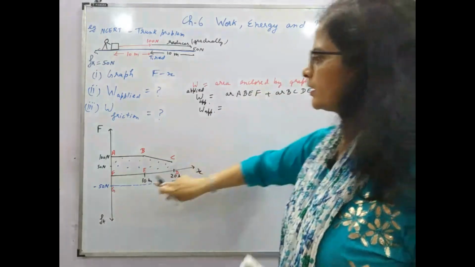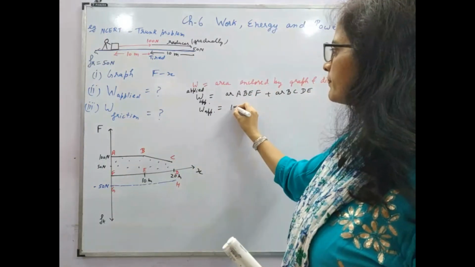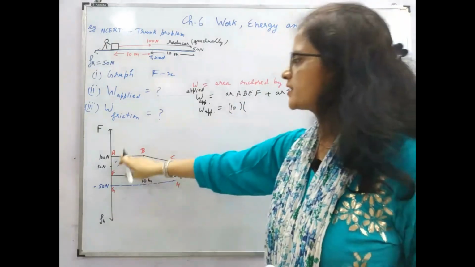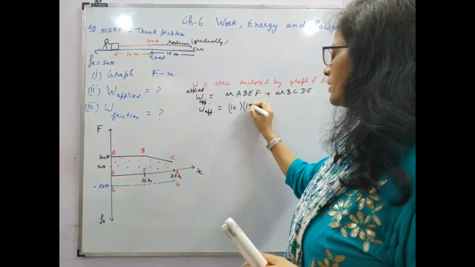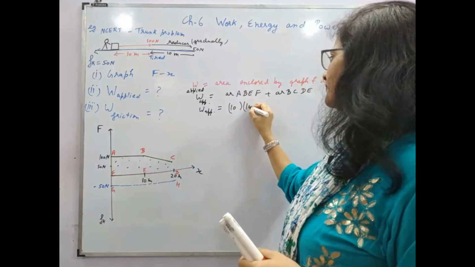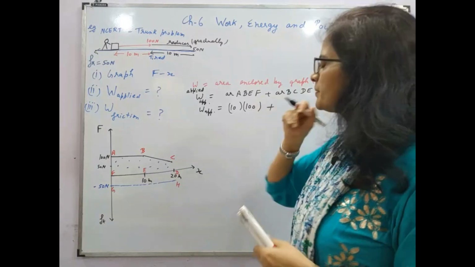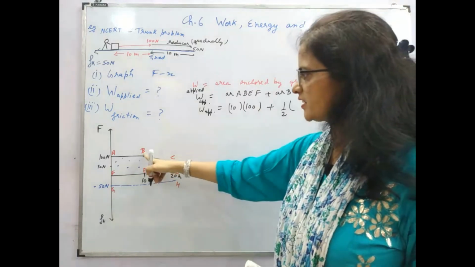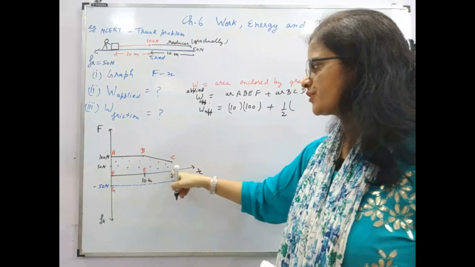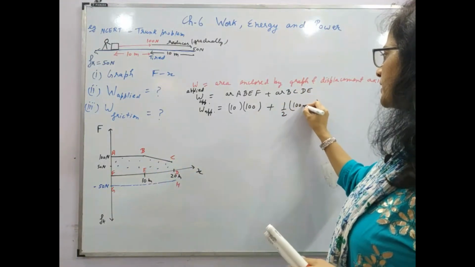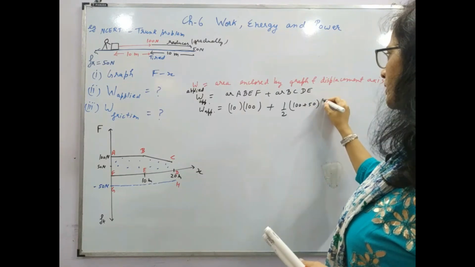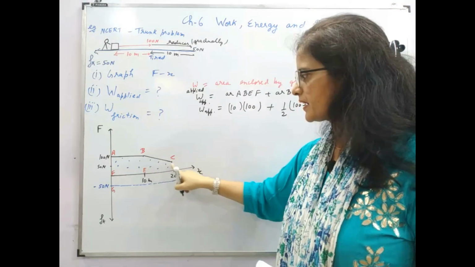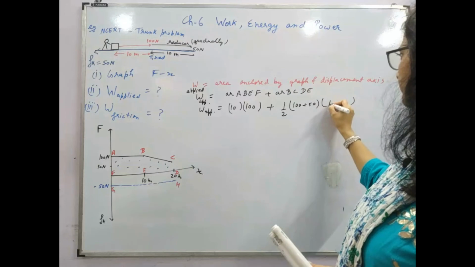ABEF, this distance is 10 and this force is 100. Plus area BCDE, half sum of parallel sides. What are the parallel sides here? This and this. So this is 100, this is 50. So this is 100 plus 50 multiplied by separation between the parallel sides. This is 10.